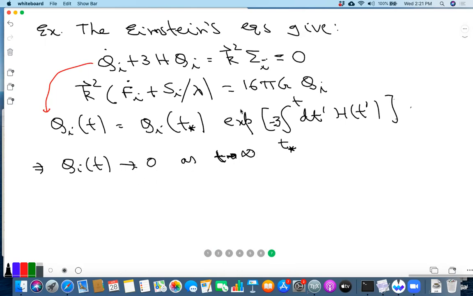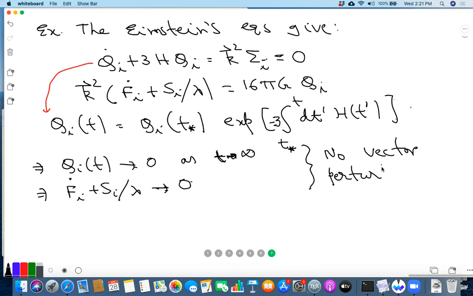And once Q_i of t approaches 0, then the other gauge invariant quantity also becomes 0. So the net upshot of this is that there is no vector perturbation. At the time of last scattering, we can just set all the vector perturbations to 0. Are there questions?